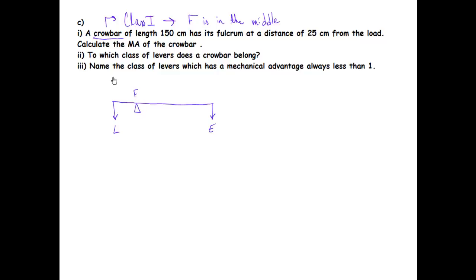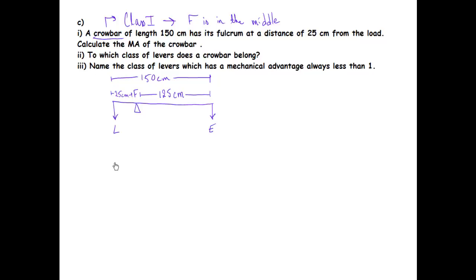Now the whole crowbar is of length 150 centimeters and has its fulcrum at a distance of 25 centimeters from the load. So from here to here is 25 centimeters. We don't know how much is the effort arm. So effort arm is 150 minus 25, which is 125 centimeters.